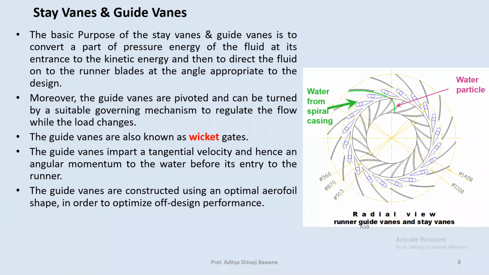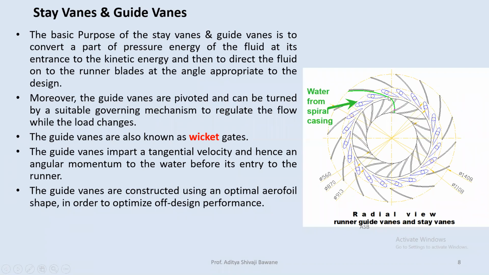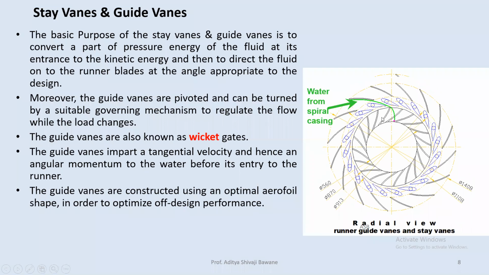The guide vanes are constructed using an optimum aerofoil shape in order to optimize design performance. Why is an aerofoil shape used? Because we need to minimize the stresses and force. Here you can see how the water is moving from outlet to inlet section.